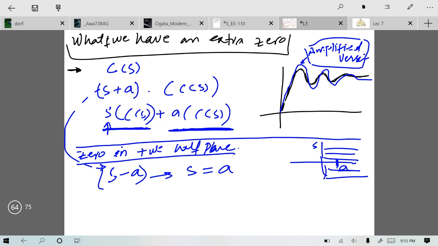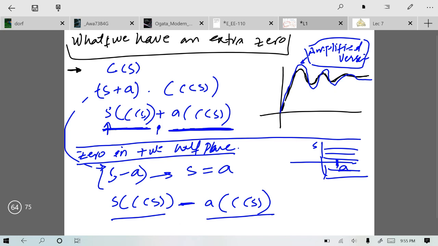So in that case, there would be a negative sign over here: s·C(s) - a·C(s). This is the slope, and this is some scaled term multiplied with C(s).